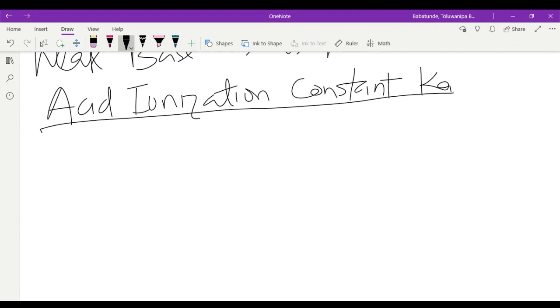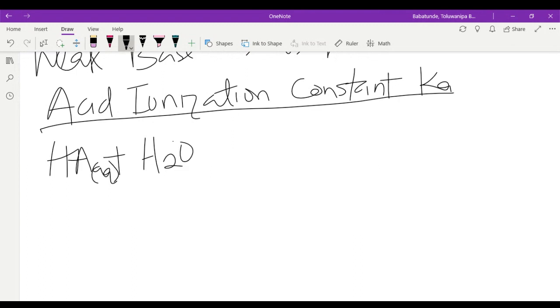So the equilibrium constant for this reaction is called the acid ionization constant, Ka. Let's take a look at an example of what I'm saying. Let's say this is our acid, right? And we have it in this way. So this is aqueous.